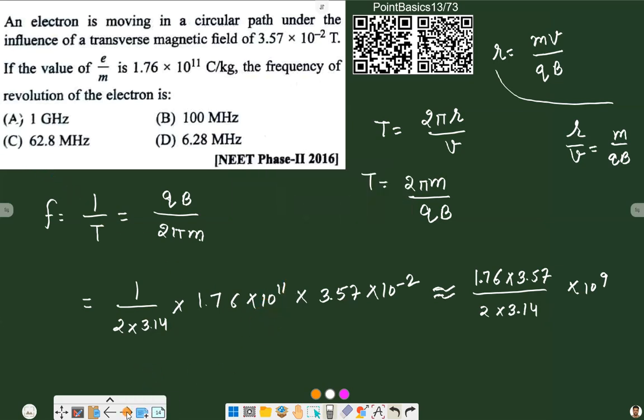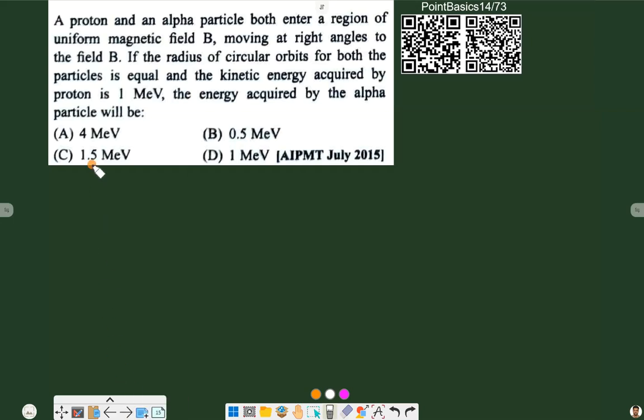Moving to the next one. A proton and an alpha particle both enter a region of uniform magnetic field, moving at right angle to the field. The radius of the circular orbits of both particles is equal. So the radius mentioned is equal. Kinetic energy of the proton is given. Then we have to find the energy acquired by the alpha particle.